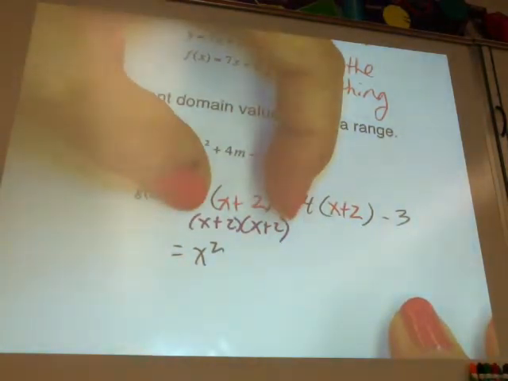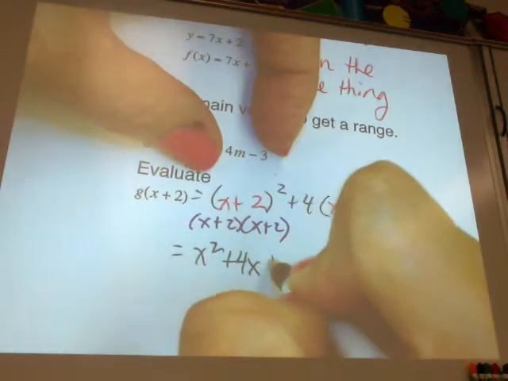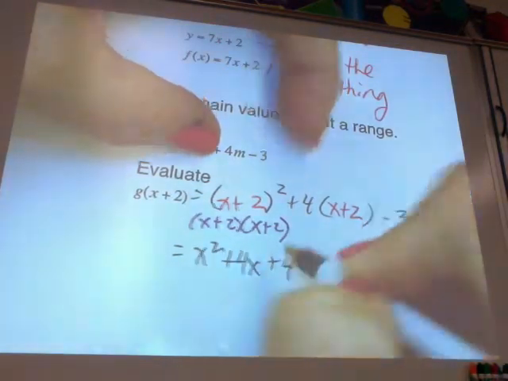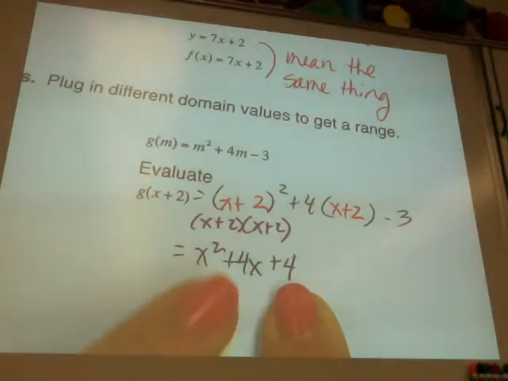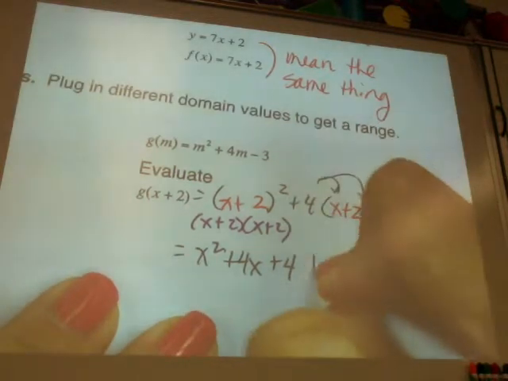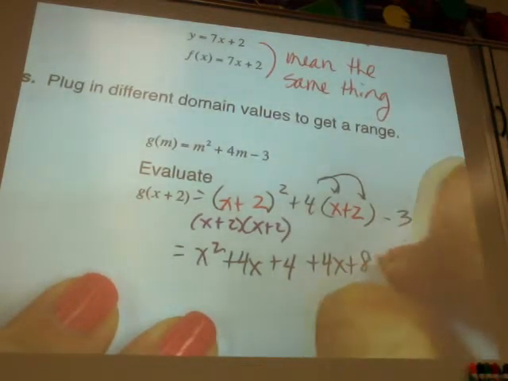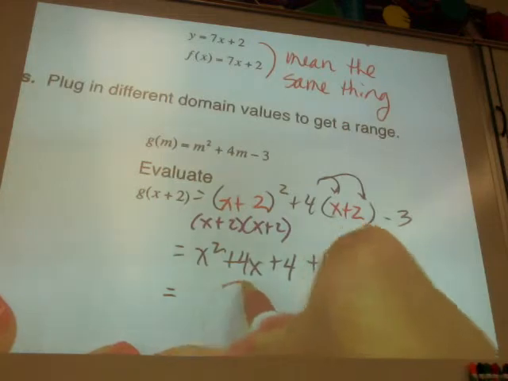You get a 2x here and a 2x here. Adding together, you get a 4x. And then 2 times 2 is 4. So when you square x plus 2, you don't just get x squared plus 4. You're missing your middle term, which is a 4x. Then finally collect any like terms that you can.